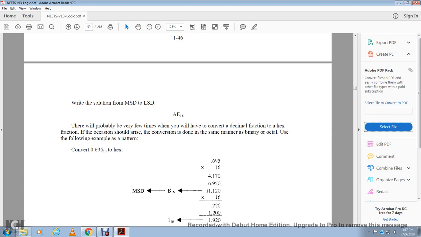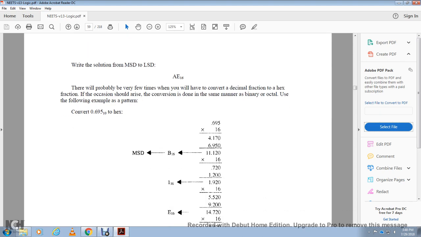Since the digits go 1 through 9, and then 10 to 15, you'd have 11, then 0.12 times 16 gives 1.92, 1 in base 16.